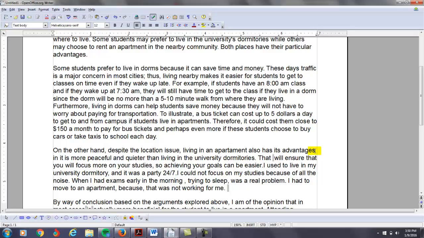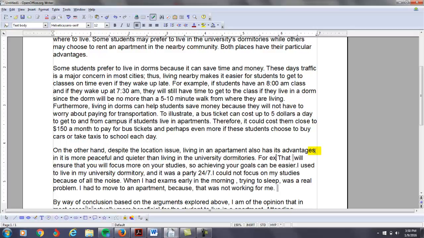The only problem here is, this is what I think is going to hurt your score a little bit. You have to show progression of ideas. You remember what I said before? When you make an assertion, you have to develop that idea with some examples. You just made an assertion that living in apartments is more peaceful and quieter.